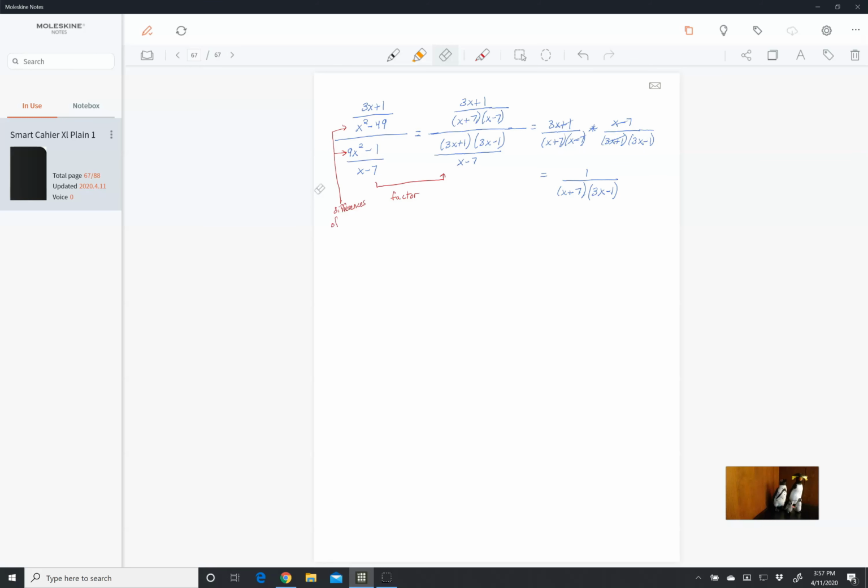So at this point, you should be really familiar with what differences of squares are. You should be making sure that you can recognize them easily, okay? And you should always be looking for them. So that's where the x plus 7 times x minus 7 came from, and that's where the 3x plus 1 times 3x minus 1 came from.